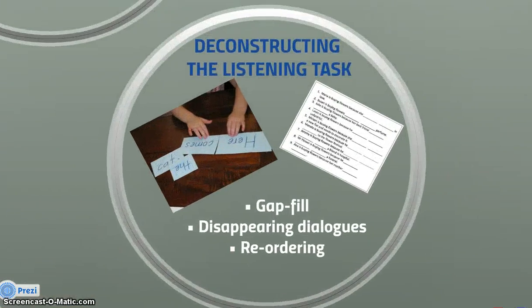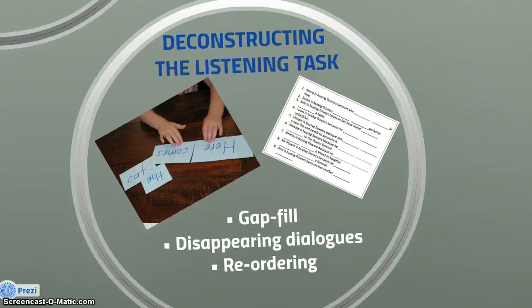Now, the reflective stage, and this is a stage where you identify the problems. That is the post listening. In the post listening, you identify the difficulties of your students. So you can follow the listening task with a gap fill activity, disappearing dialogues, or reordering activities.